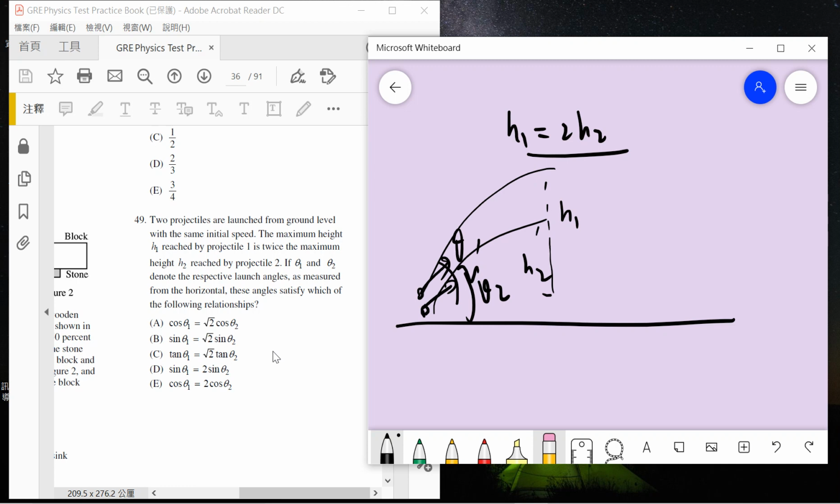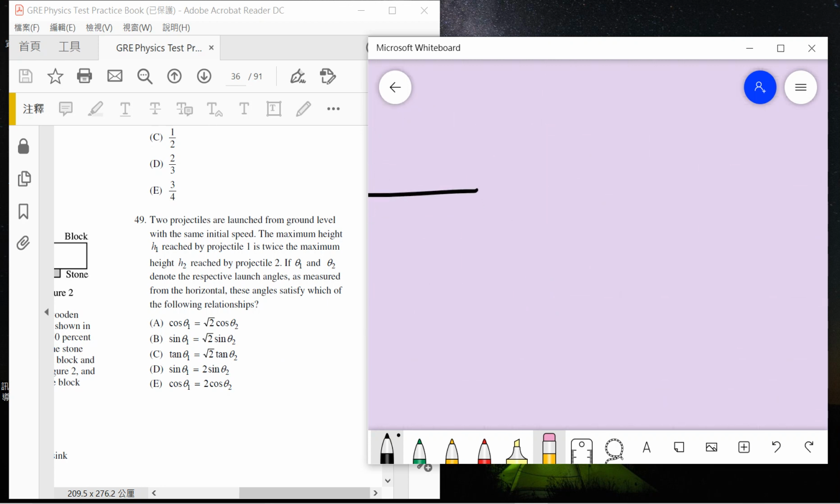Okay, so the only thing we need to get is the function from h to theta. This is easy because we know that the velocity contains two components. One is v naught cosine theta, which is the x direction, and v naught sine theta is the y direction.